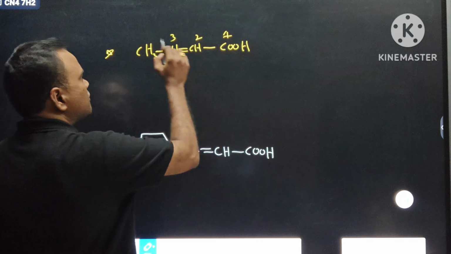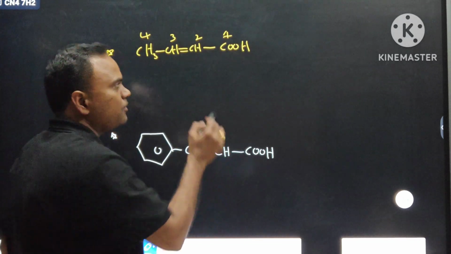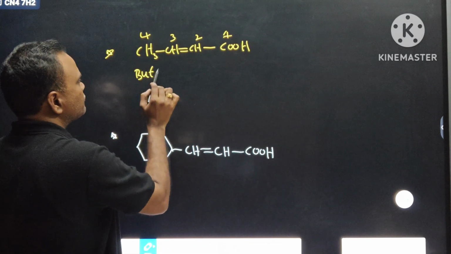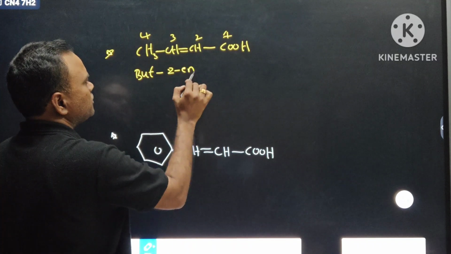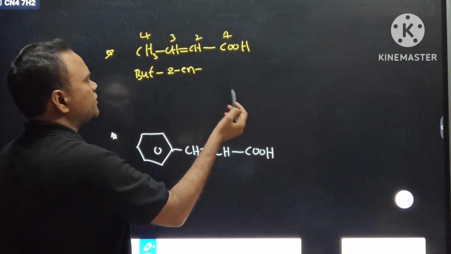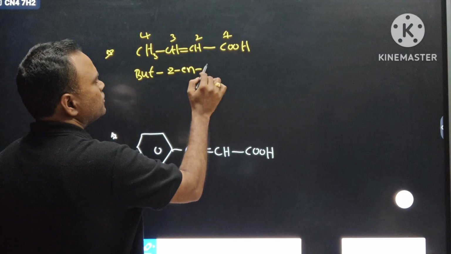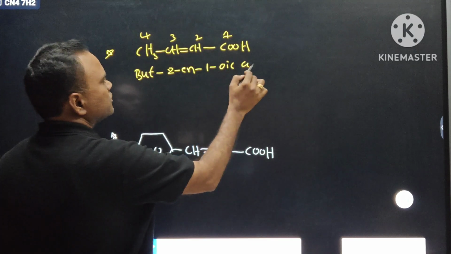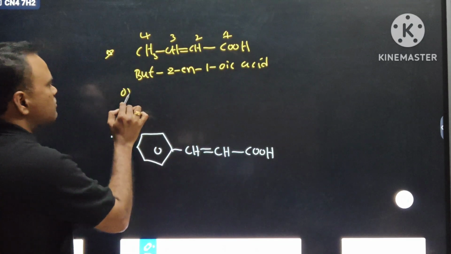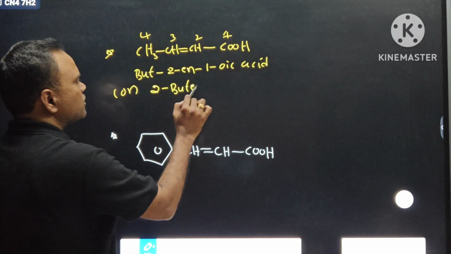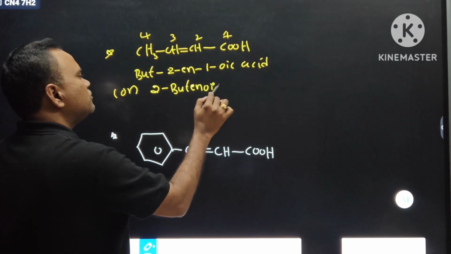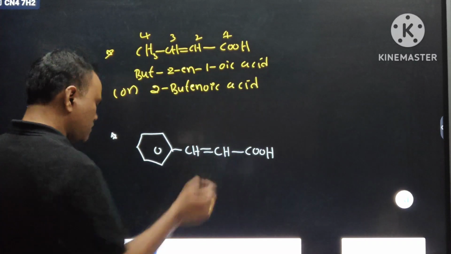1, 2, 3, 4. But-2-ene, or but-2-enoic acid. But-2-en-1-oic acid, you can simply write like this also. 2-butenoic acid. This is also correct. 2-butenoic acid is the IUPAC name.